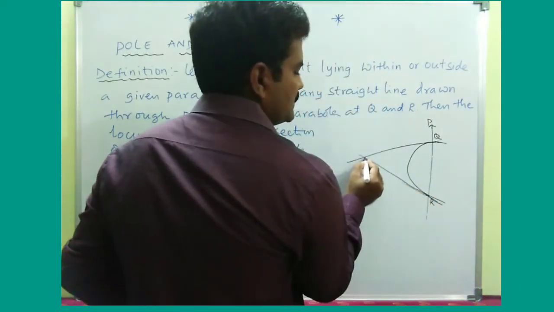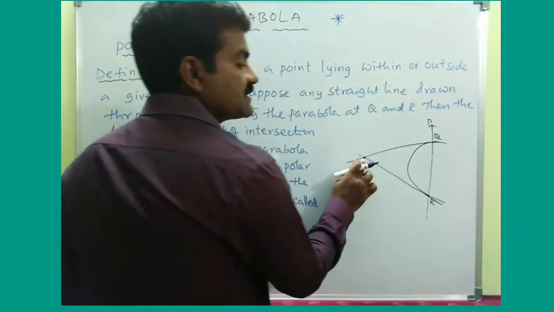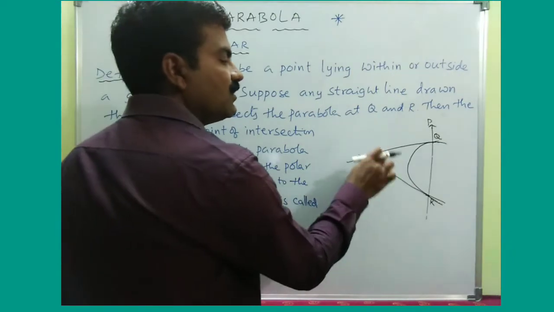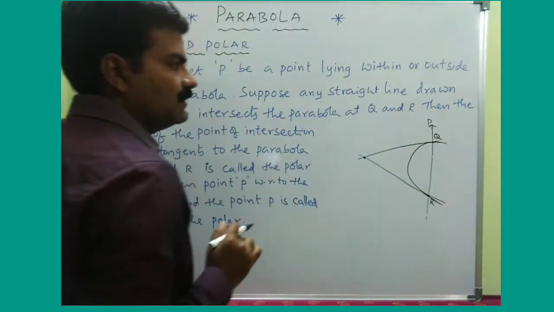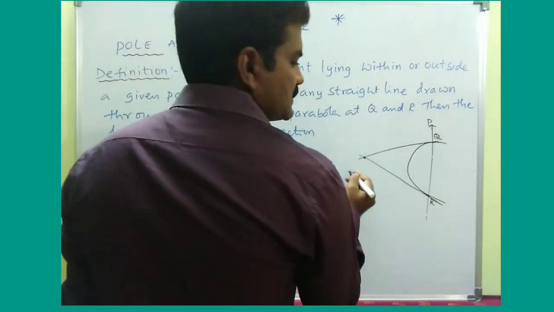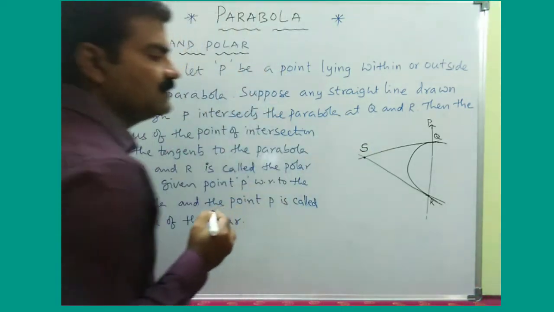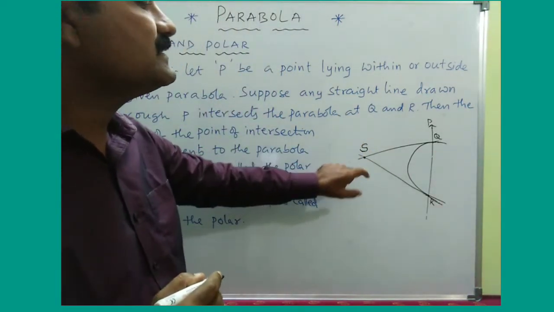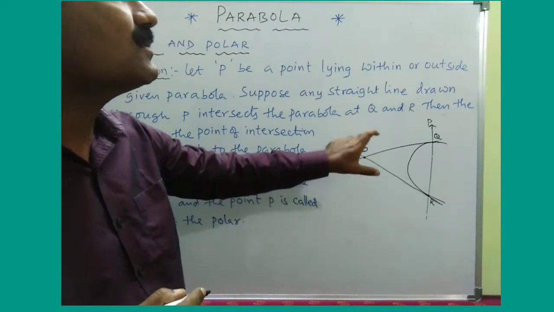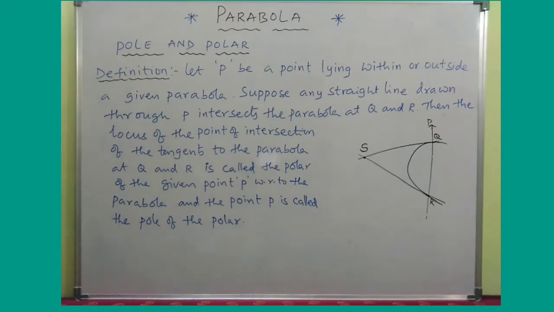So now this is nothing but the point of intersection of the tangents drawn at the points Q and R. Say suppose this is the point S. Let it be S. Clearly S is the point of intersection of the tangents drawn to the parabola at the points Q and R.